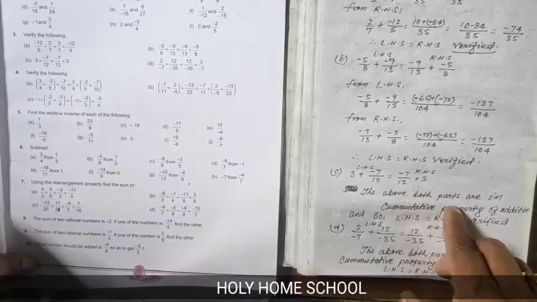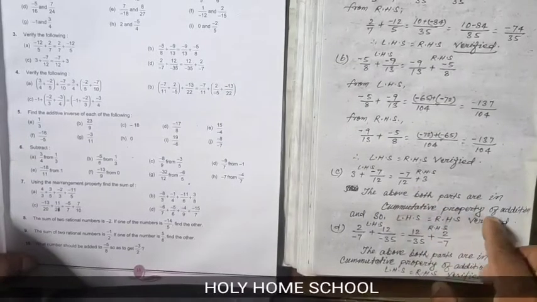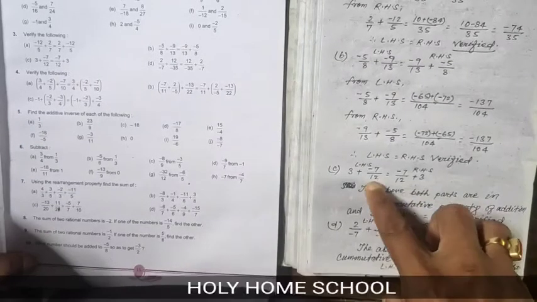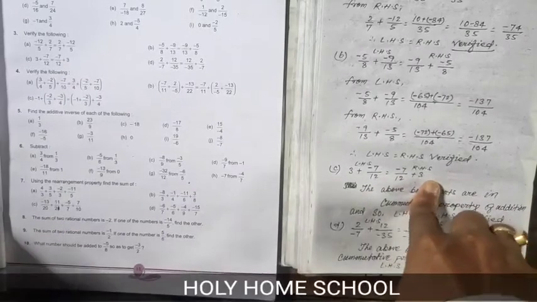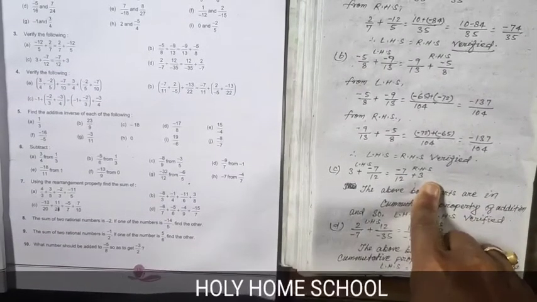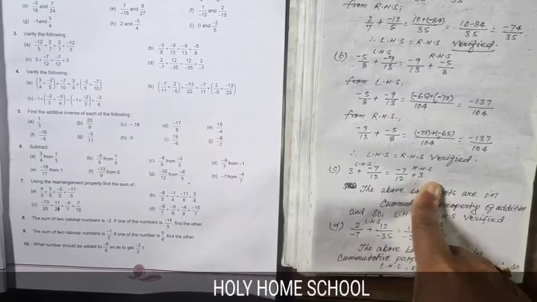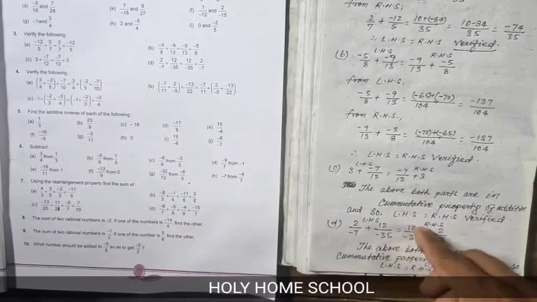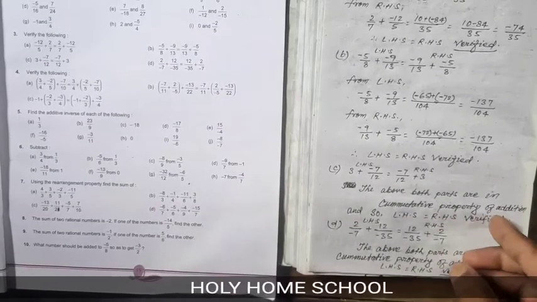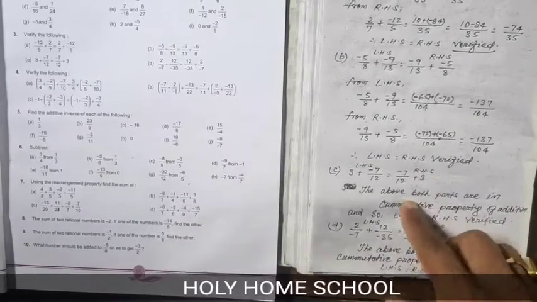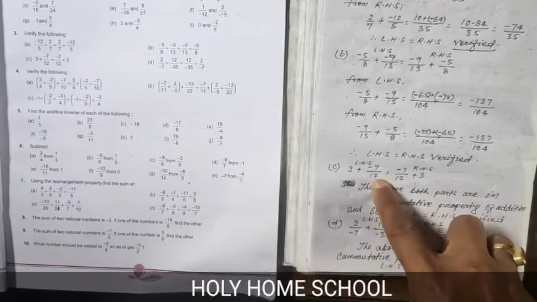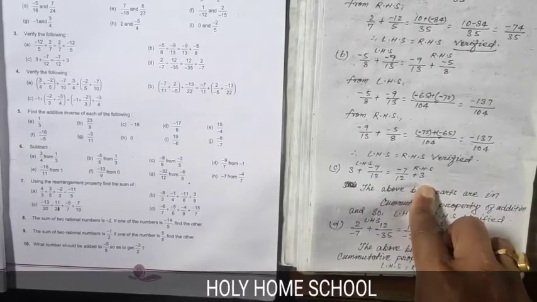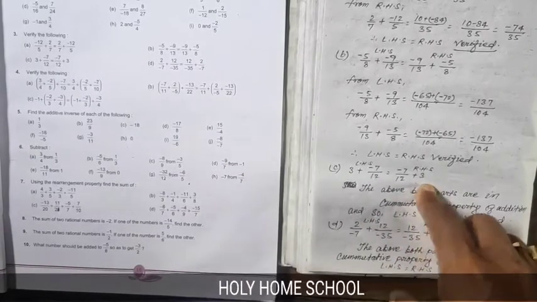The above both parts are in the commutative property of addition. In the commutative property, we know that the left hand side will be equal to the right hand side, and so LHS equal to RHS, verified. Very simple. Only we write this statement to verify this question.